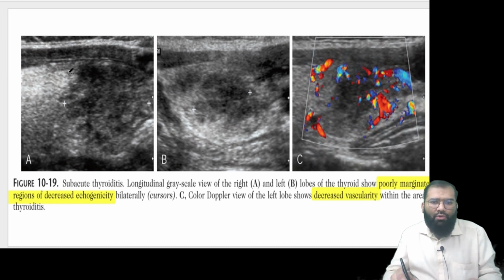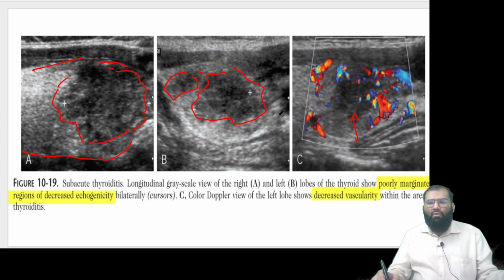So here you can see that this is thyroid, and you can see that there is focal area of ill-defined hypoechogenicity in the thyroid gland. Here also you can see that there are focal hypoechoic areas in thyroid gland. The vascularity in surrounding has increased, however in the hypoechoic area there is decreased vascularity. So that favors that this is a case of thyroiditis.